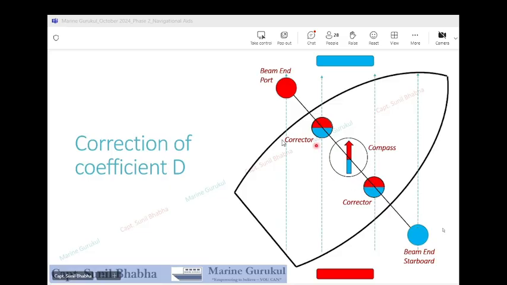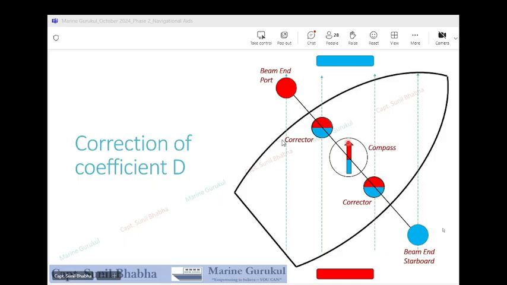Now let's take our attention to the port side corrector. In the port side corrector, we have both the poles, blue pole as well as the red pole, but the pole which is closer to the compass needle is the blue pole. The blue pole attracts the north red end of our magnetic compass needle.